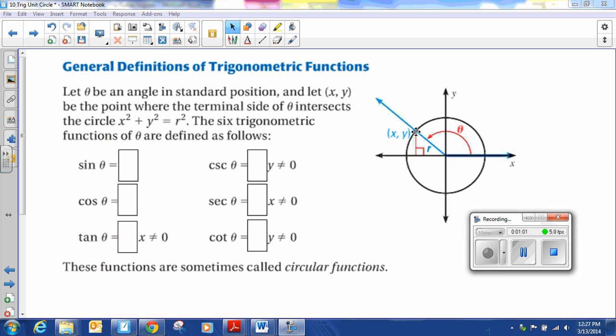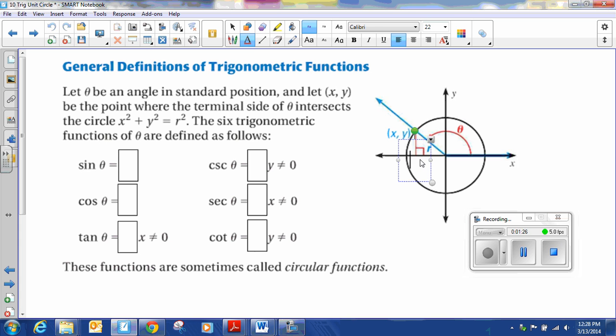Because we drew this vertical line down to create a right triangle, we can then say that this theta is now over here in the little acute angle right here. So sine is really opposite over hypotenuse. Now hypotenuse is r, that's the radius.